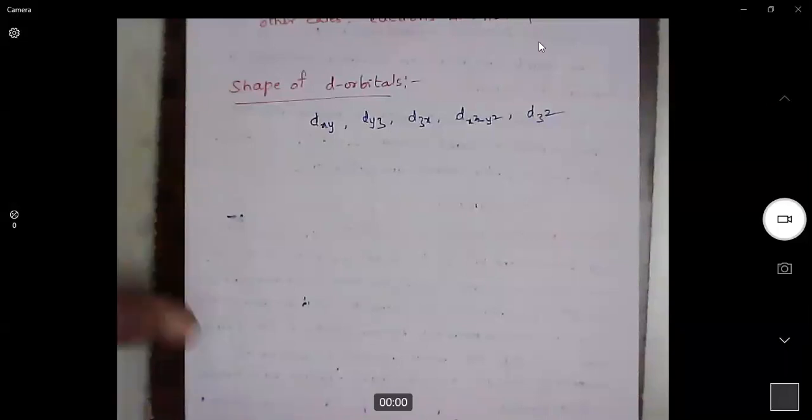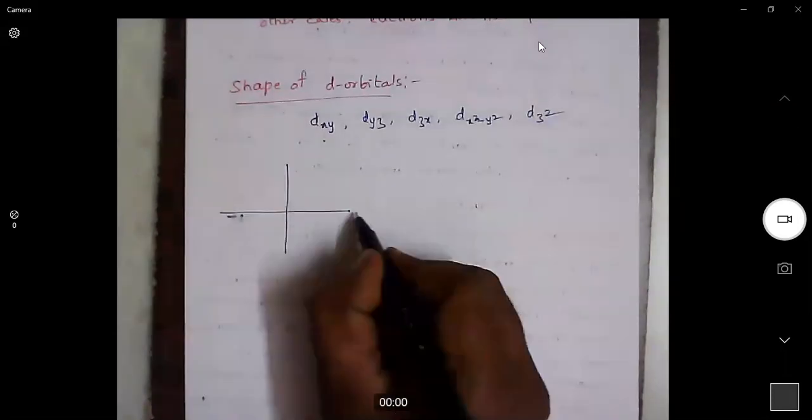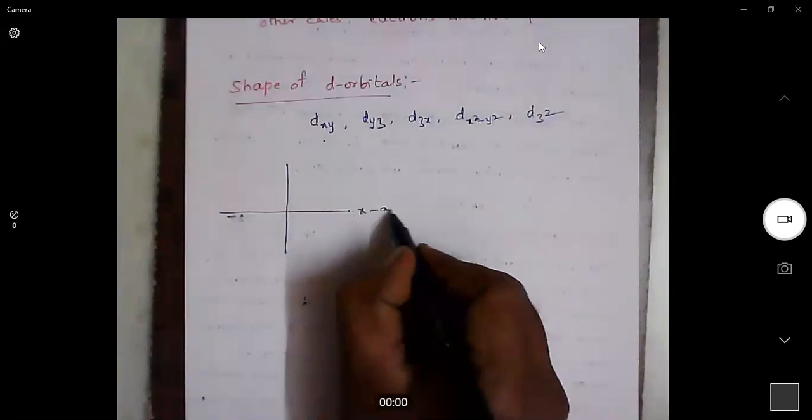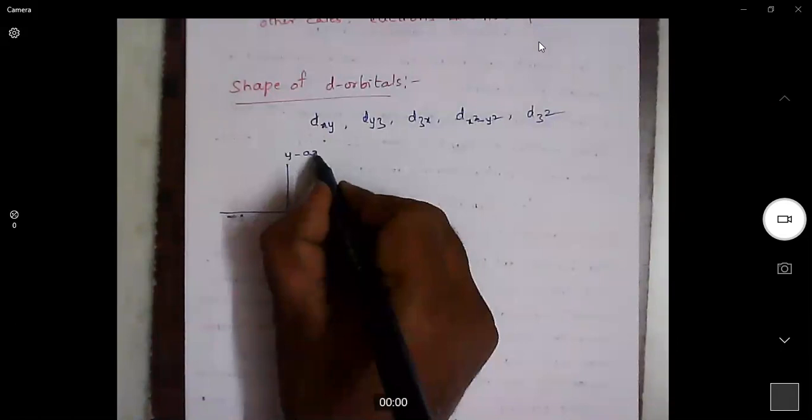When we look at the structure of these d orbitals, for example, if it is x-axis and it is y-axis, what is dxy?